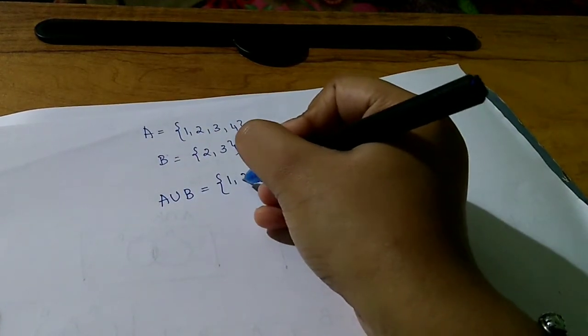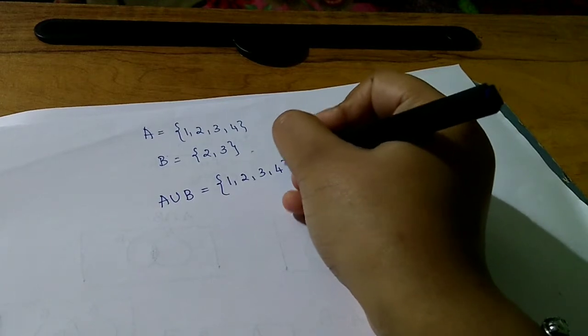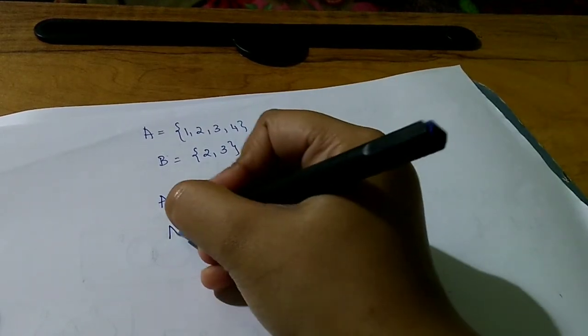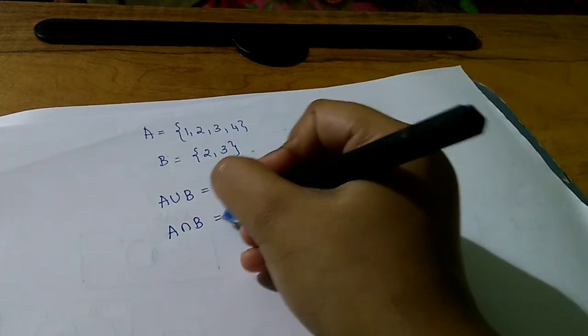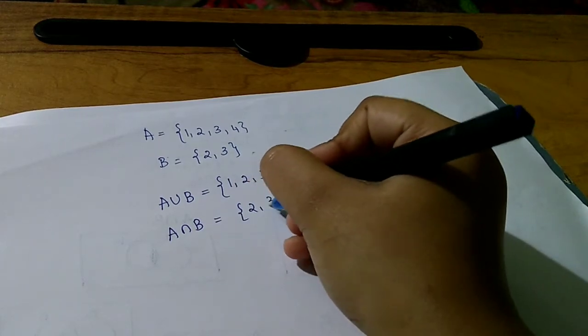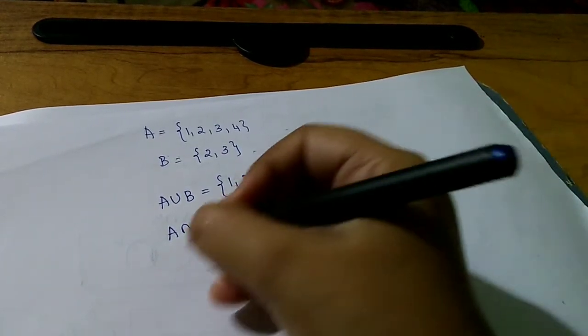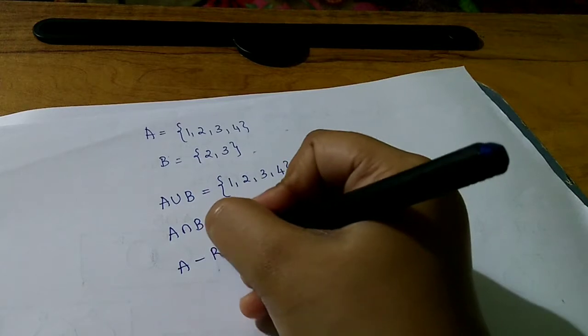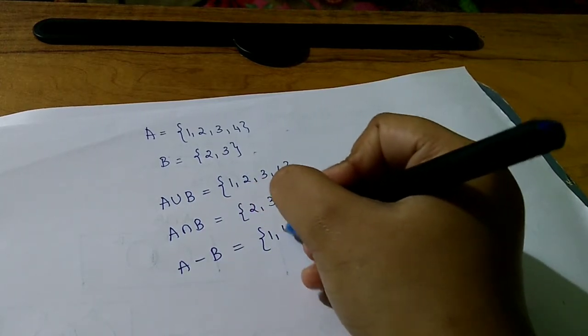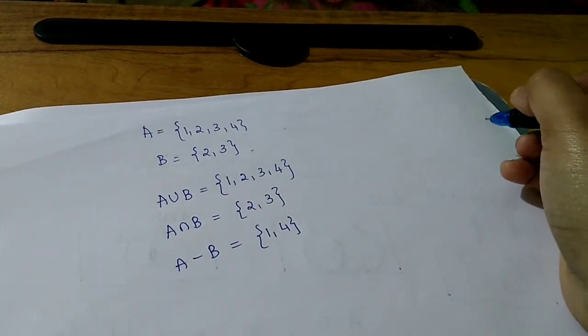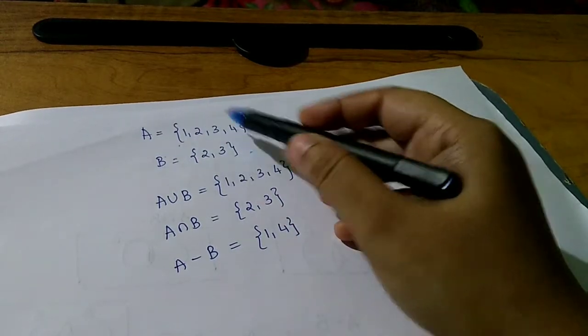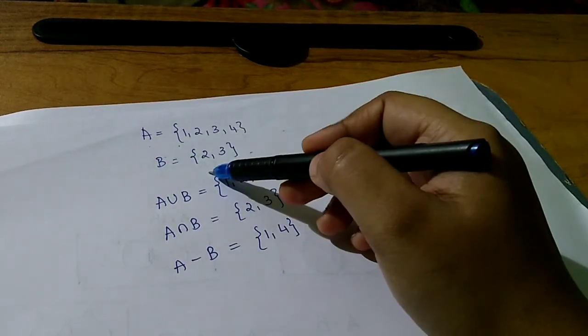It will be equal to 1, 2, 3, 4. What about A intersection B? The common elements between A and B are 2 and 3. What about A minus B? A minus B will be equal to 1, 4, because 1 and 4 are the elements which are there in A but not in B.